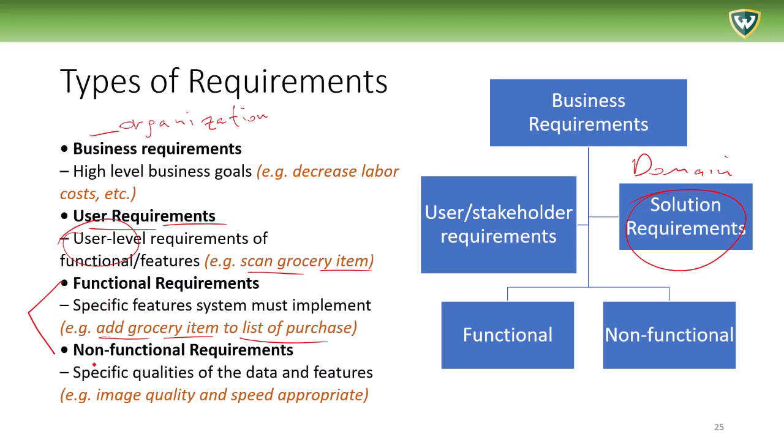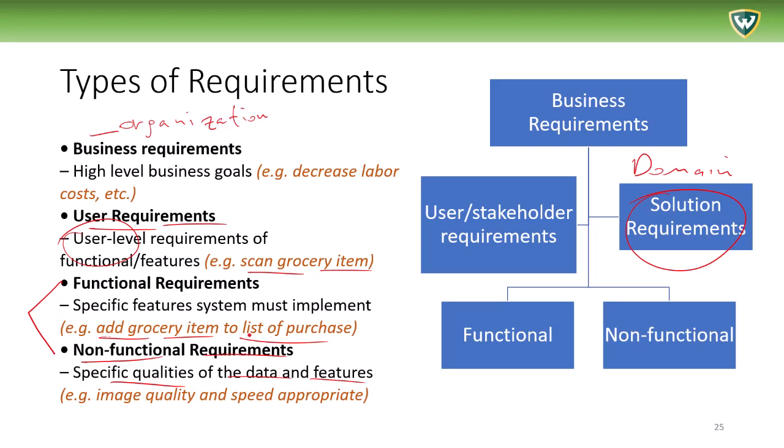And then there are also non-functional requirements, which sound unimportant because of the word non-functional, but they're actually very important. They're about the specific qualities of the data and the features. So the image quality has to be a certain way, or the speed has to be appropriate. The data has to be calculated correctly.